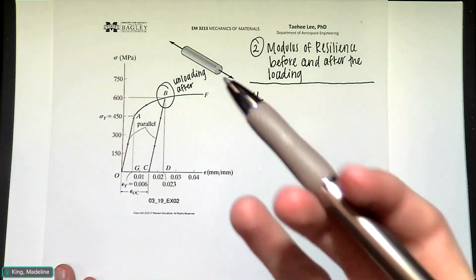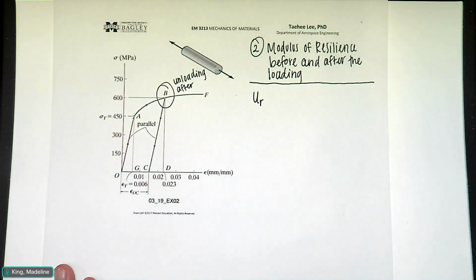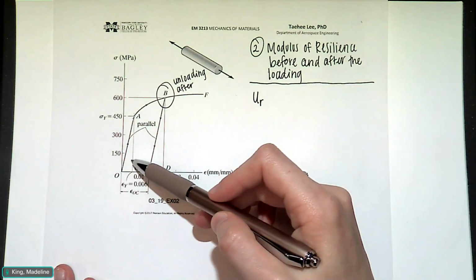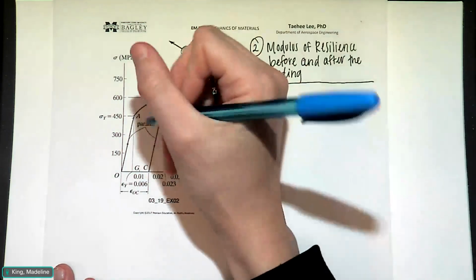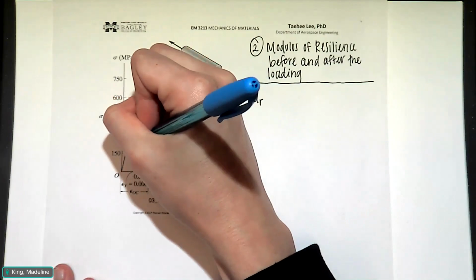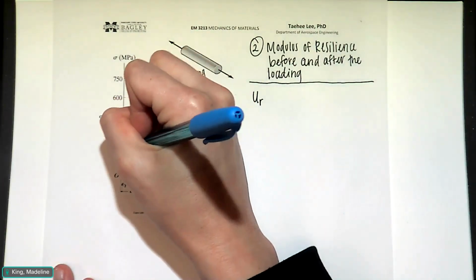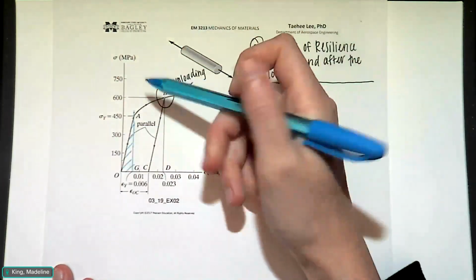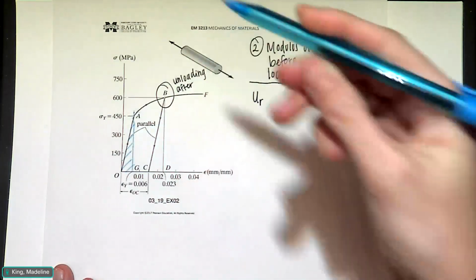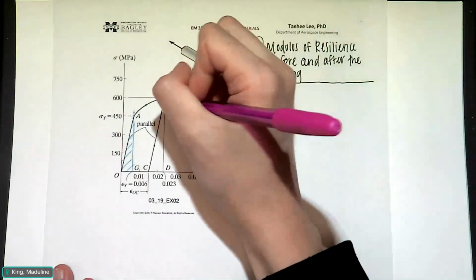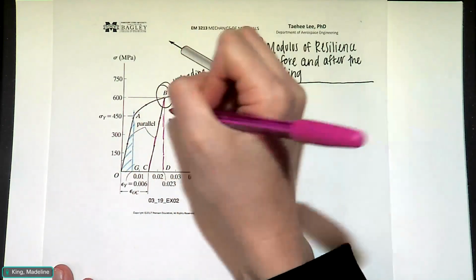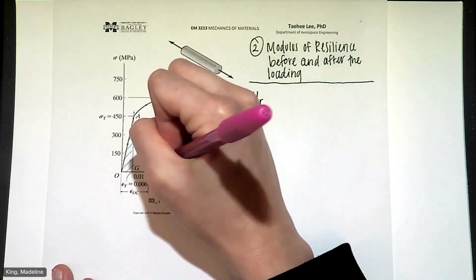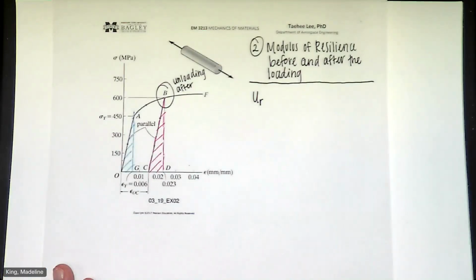Modulus of resilience is usually the area under the curve. And we can see that we were given two perfect triangles for us. So this will be our before the loading triangle. And then the pink will be our after the loading.